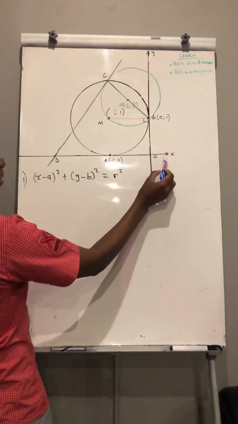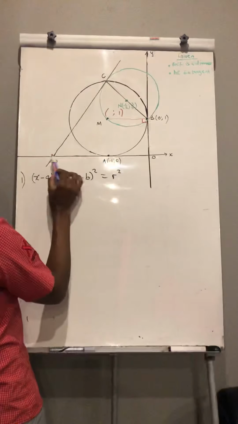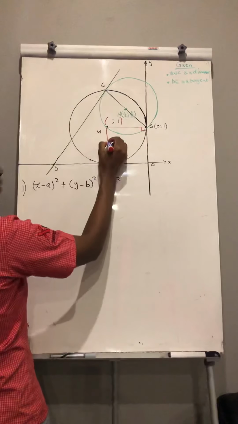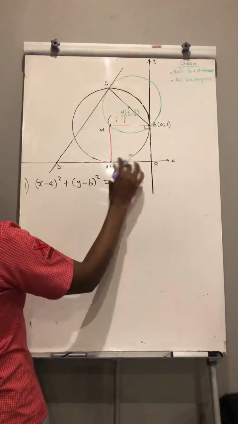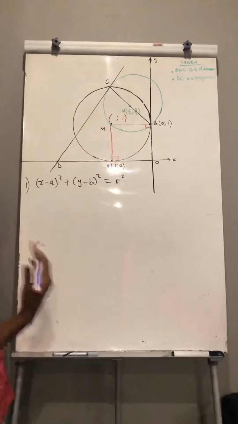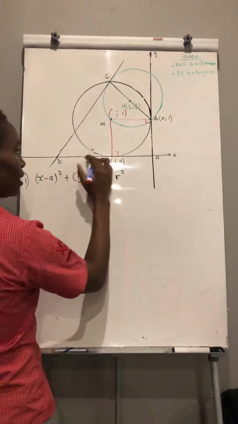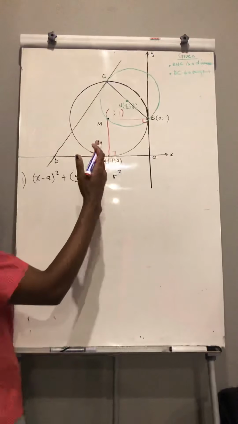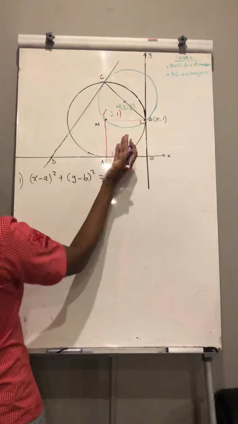If I use the very same strategy, I can say, here we have the x-axis, which is horizontal. If I draw the radius from there to here, what we already know about the tangent and the radius is that they meet at 90 degrees to each other. So if this one here is a horizontal line, this one has got to be vertical because they are perpendicular to each other.